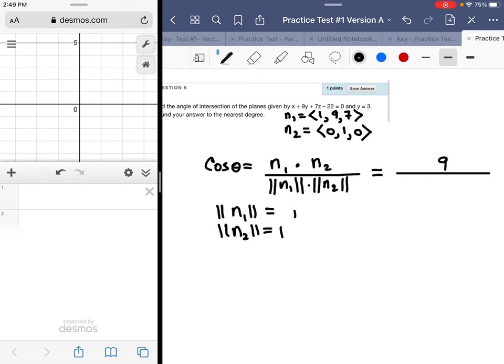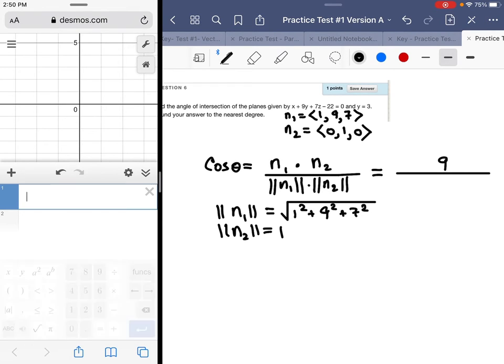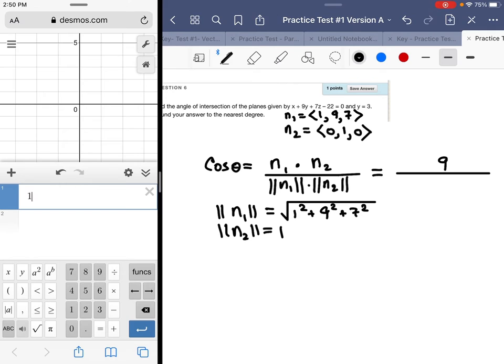So we're looking at 1 squared plus 9 squared plus 7 squared. So 81, 82 plus 49, so 130, is that 131? Yeah, I'll double check.